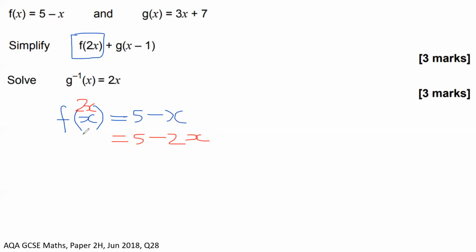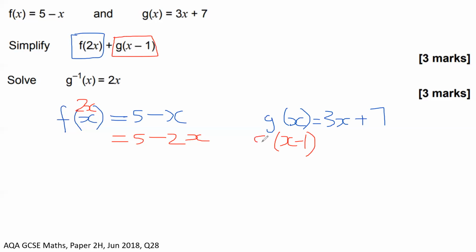Although this part of the question probably looks quite scary, it's actually not too bad once you get into it. If we do the same thing for g of x, we've been given g of x equals 3x plus 7. Rather than having g of x, we want g of x minus 1. So instead of x, we're going to put in x minus 1, exactly the same as we did for this one.